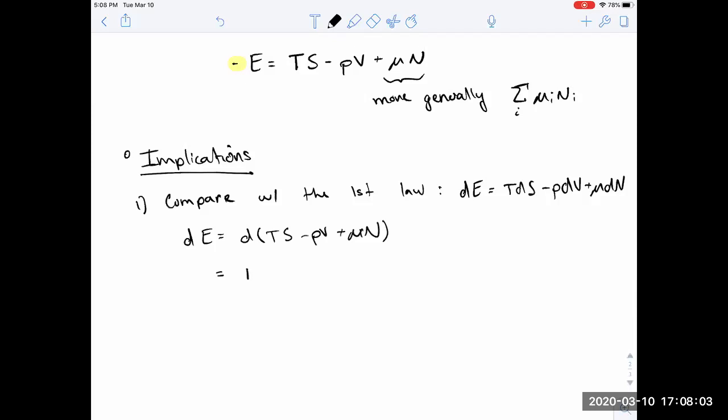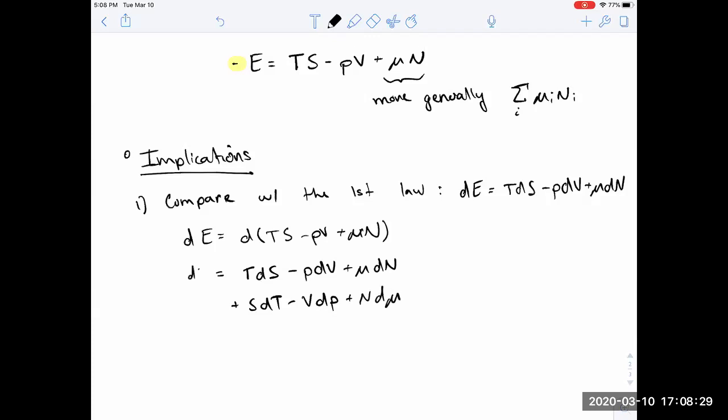I'll have a T dS, but I'll also have a plus S dT. I'll have a minus P dV, but also a minus V dP. We have a plus mu dN, but we also have a plus N d mu.